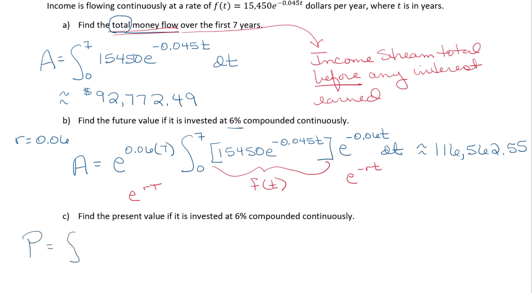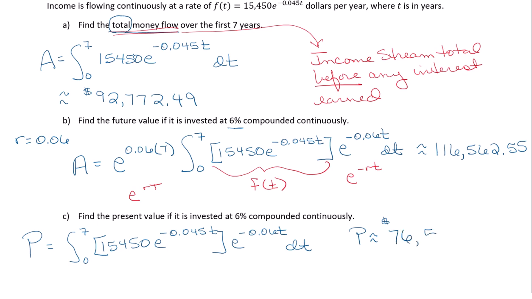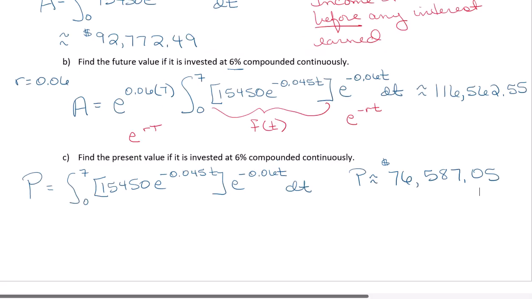We're going to take the integral from 0 to 7. And if we put that in our calculator, we get a present value of approximately $76,587.05. That's how much we would have to invest right now to get that same amount of money at the end of 7 years.